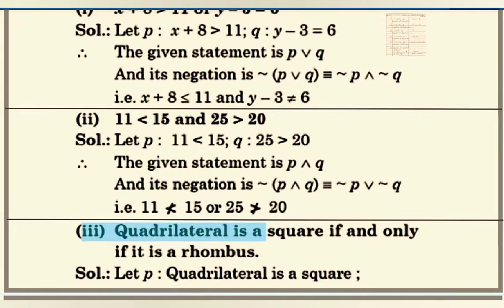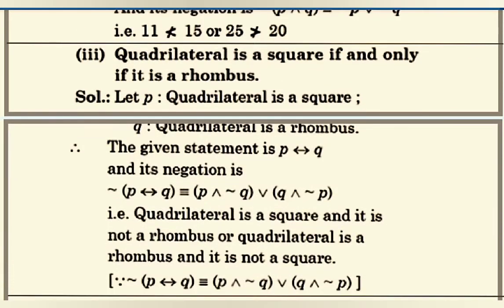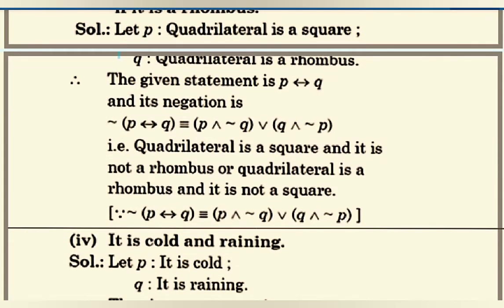Third, quadrilateral is a square if and only if it is a rhombus. First, solution: the P statement is quadrilateral is a square, and the second, Q statement, is quadrilateral is a rhombus.